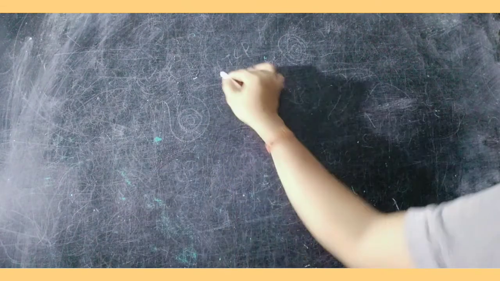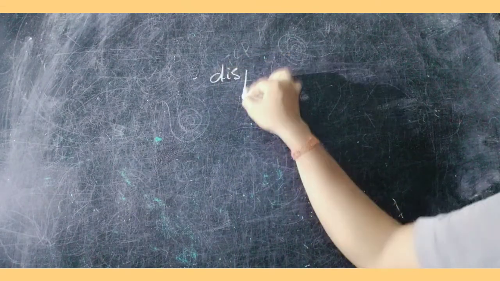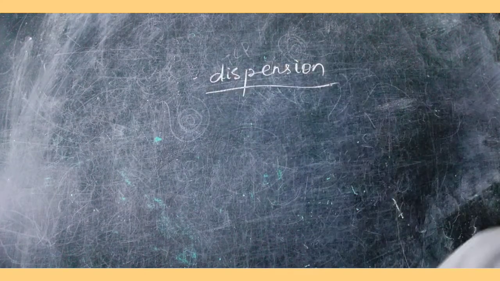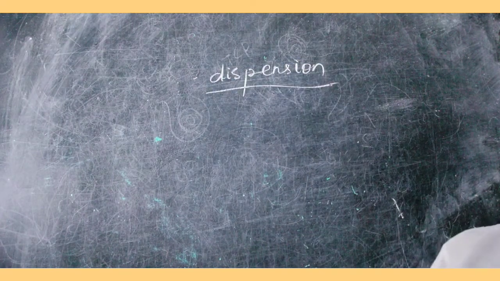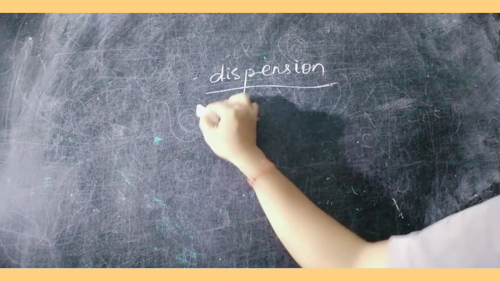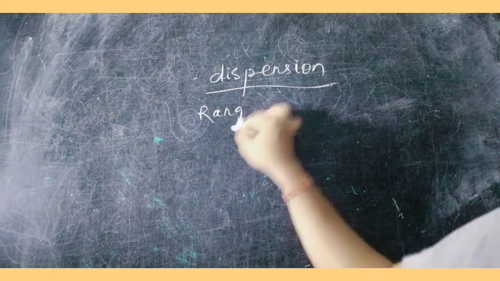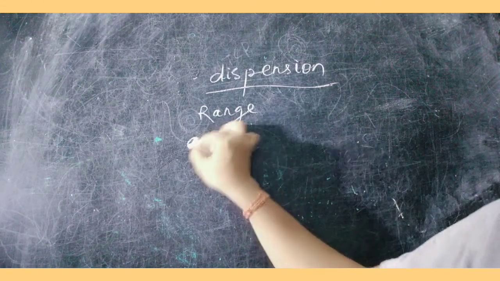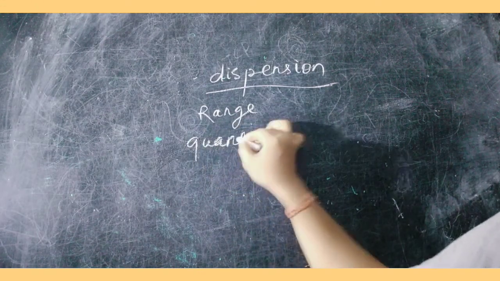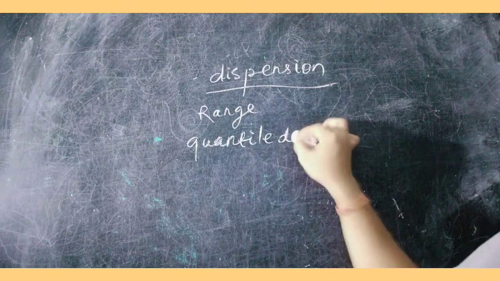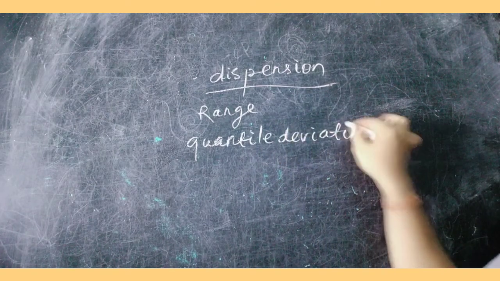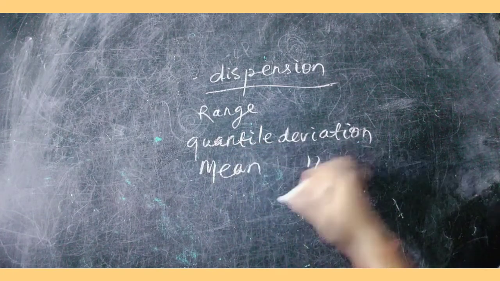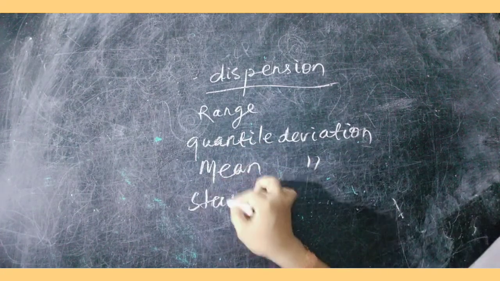Dispersion can be measured by three different methods: by calculating the range of data, then quartile deviation, then mean deviation, then standard deviation.